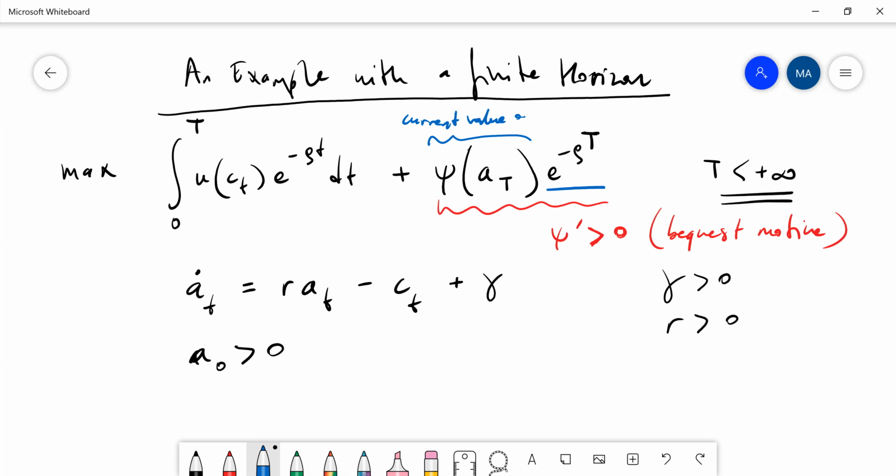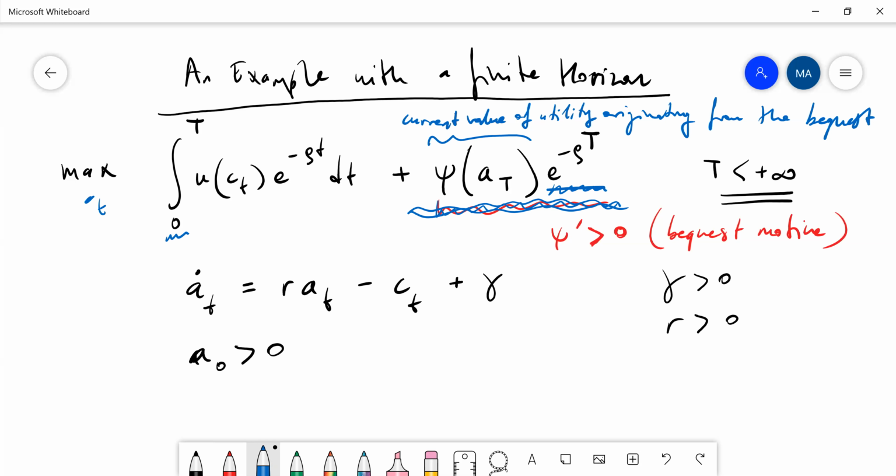Current value of what? Current value of utility originating from the bequest. But the consumer cares about the present value, right? Because she'll be taking that decision at t equals 0. And there's, of course, consumption here as the control variable.